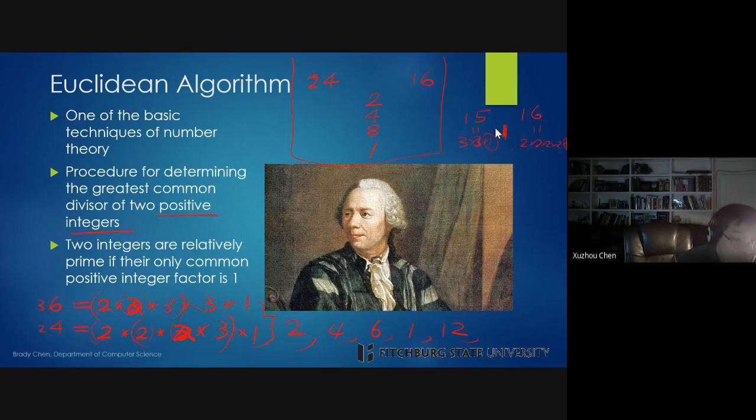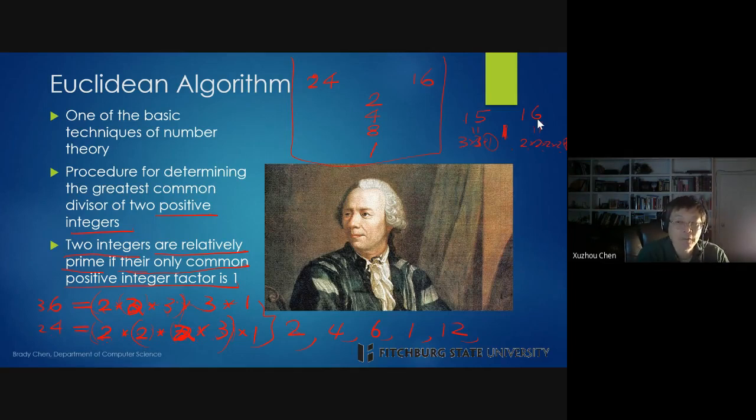Okay. Now, in that case, we call these two numbers relatively prime if their only common positive integer divisor is 1. So 15 and 16 are relatively prime. Each number is not a prime. 15 is not a prime number, right?